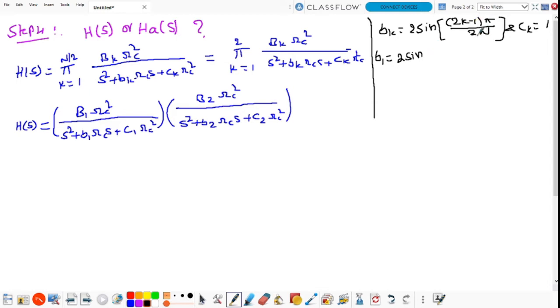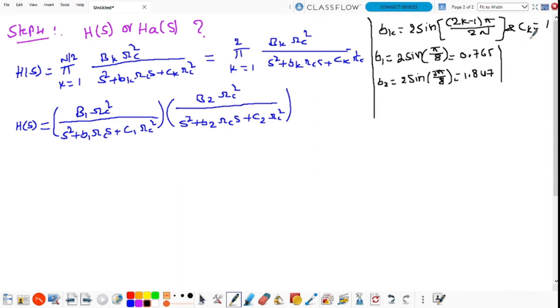Here capital N is equal to 4, 2 into 4 is 8, so 2 sine of pi by 8. The value of 2 sine of pi by 8 is 0.765. Next substitute k is equal to 2 in this equation, we get b2 is equal to 2 sine of (2 into 2 minus 1) that is 3 pi by 8, 2 sine of 3 pi by 8, its value is 1.847.